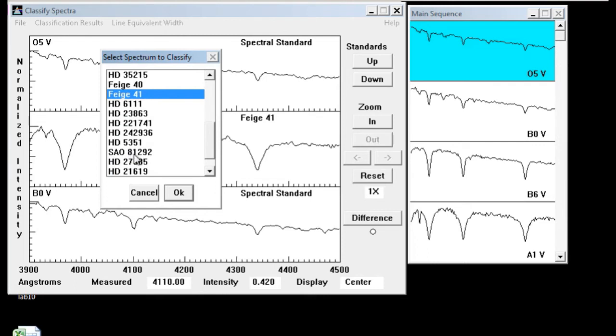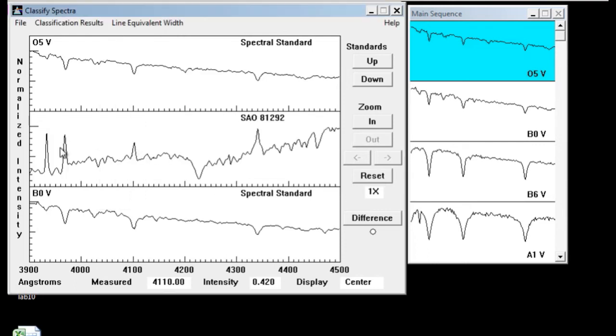SAO 81292 is next. Again, that's this one here.